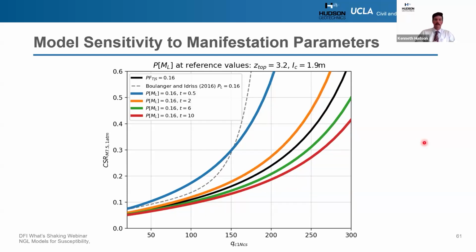So those are our final models. Like I said, this is all published. We have a Nuclear Regulatory Commission report that goes into detail on all these models, as well as my dissertation. Those are all publicly available. We have a Python module or library that anyone can openly download and start using for their CPT analyses.